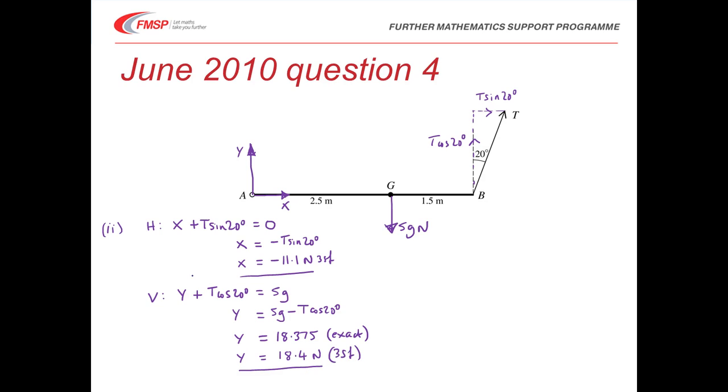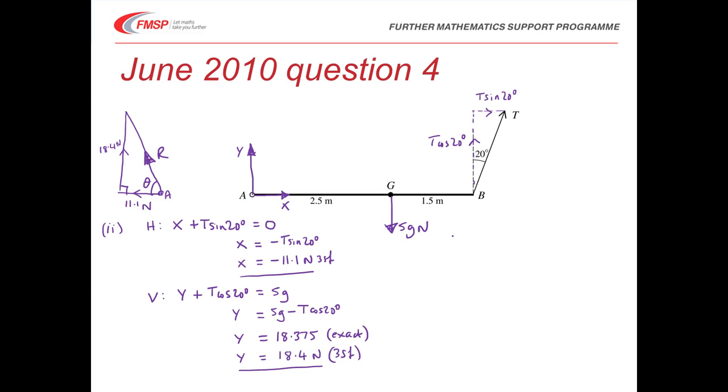So what does that tell me then? Well, if I imagine my point A over here for a moment, that tells me that I've got a component acting to the left of magnitude 11.1 newtons and a component working upwards of 18.4 newtons. So if I want to know the magnitude and direction of that force, I'll find the magnitude of this reaction force at the hinge by Pythagoras, because it's a right-angled triangle, and I think I'll find this angle down here, the angle from the horizontal.